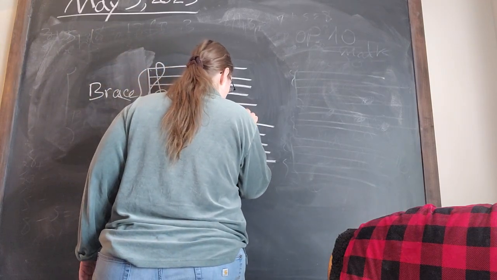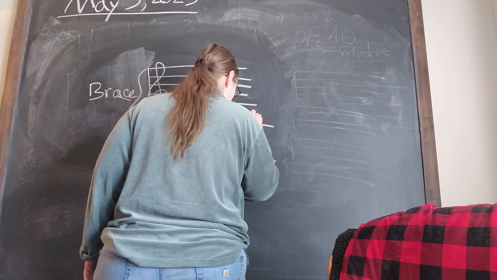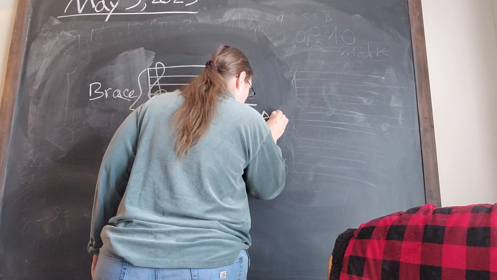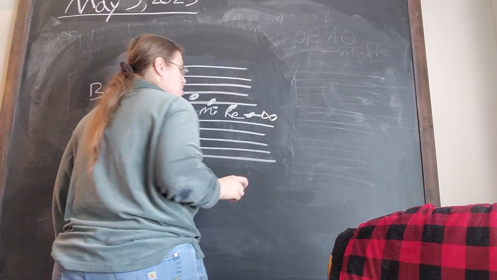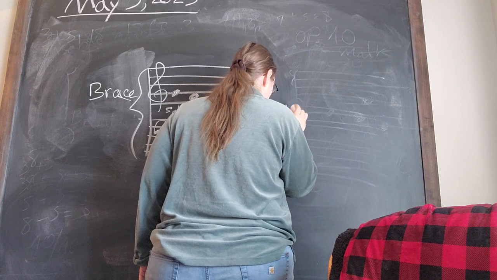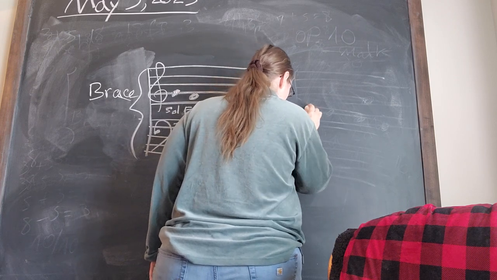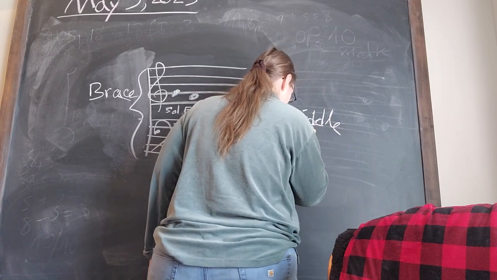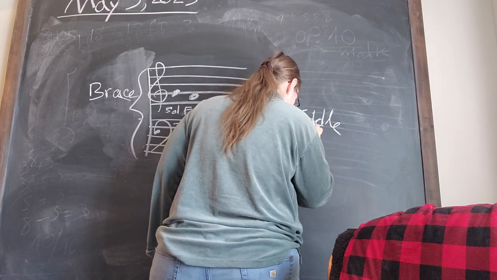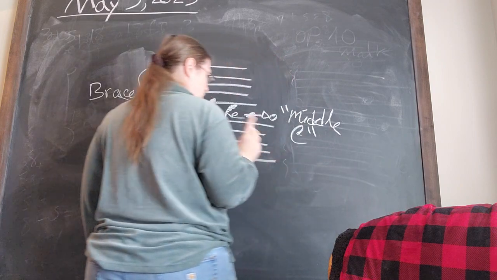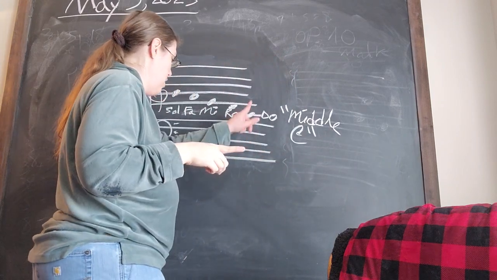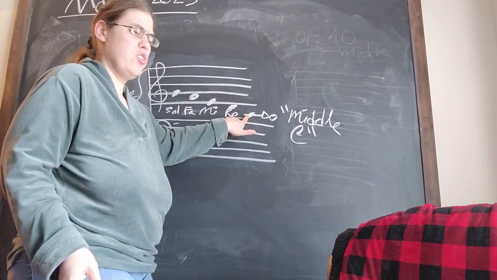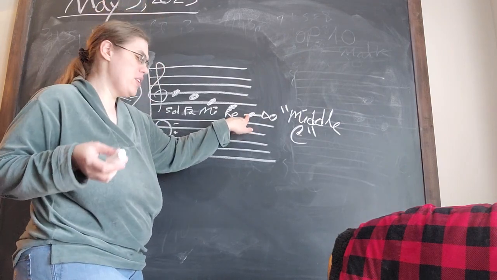And then we come to a very special note, which we call do, also called middle C. This is the point when students begin to learn to play an instrument, piano.